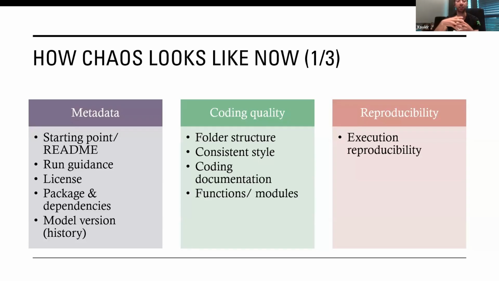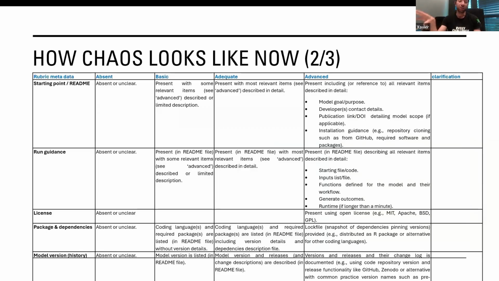So do you use releases, etc. Coding quality focuses on having a clear folder structure, a consistent coding style, coding documentation, and the use of functions and modules. And reproducibility is actually, well, are you able to reproduce the model given the information that is provided?